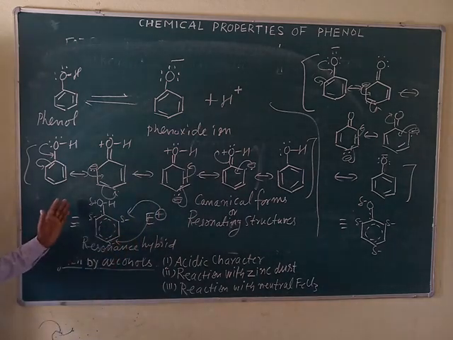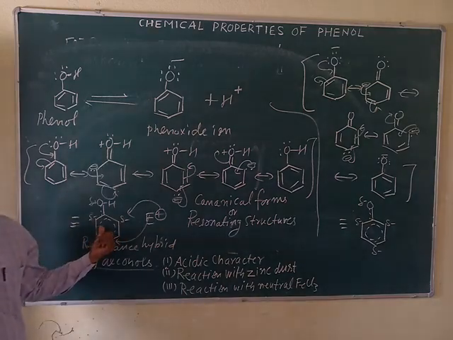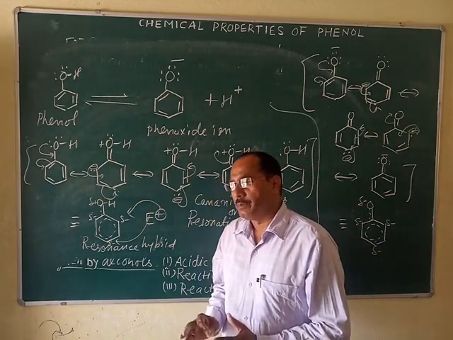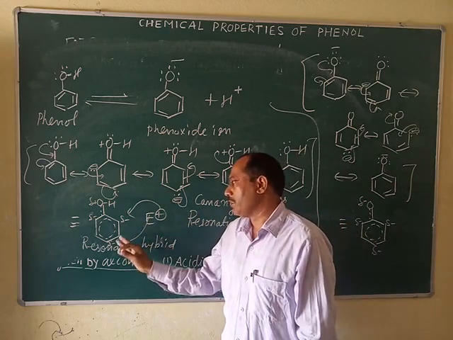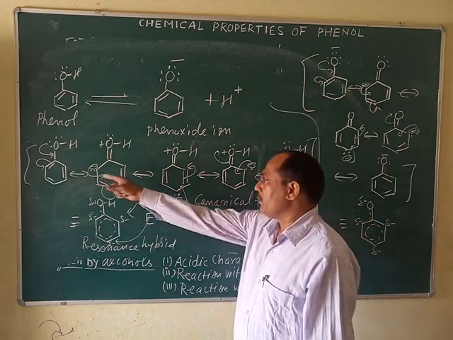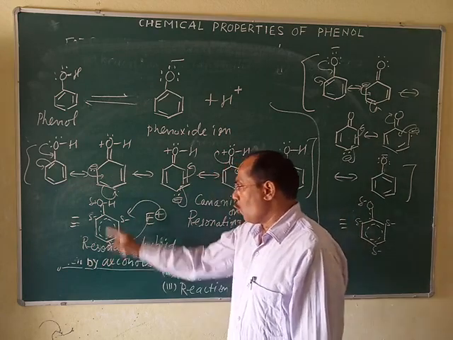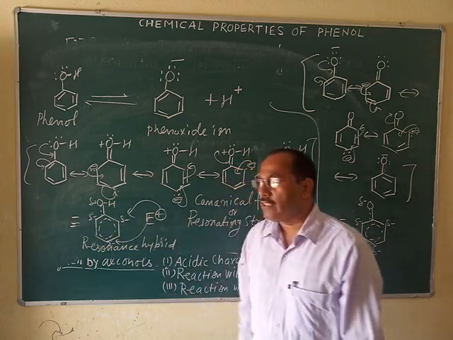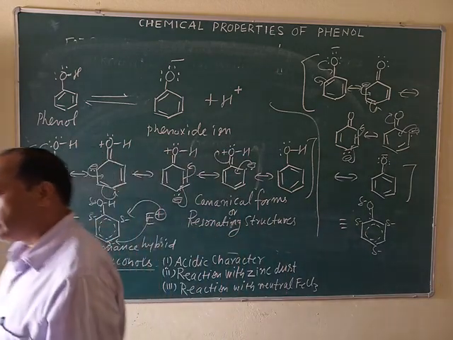This is the exact explanation of the electrophilic substitution reactions of phenol. Electrophile attacks mainly at the ortho and para positions with respect to the OH group, because in its resonating structures as well as in its resonance hybrid, the OH group increases electron density mainly at the ortho and para positions, hence the electrophile attacks only at these positions.